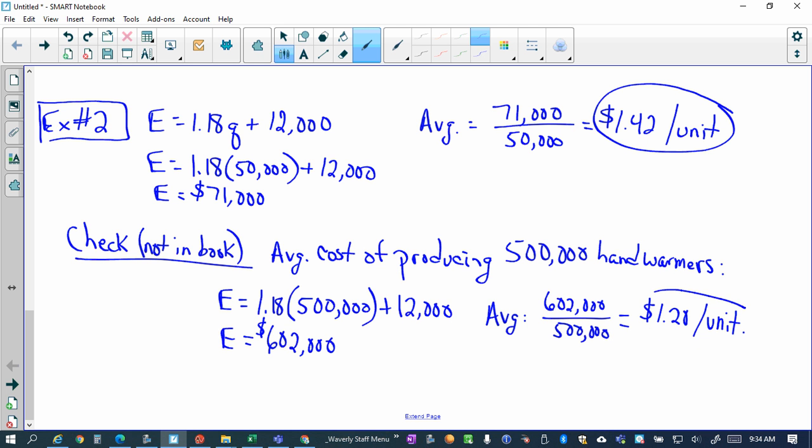So, is it more or less than producing 50,000? The cost goes down. Why again? What's happening?